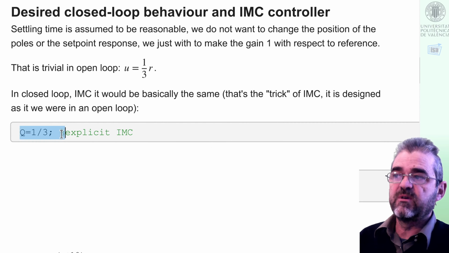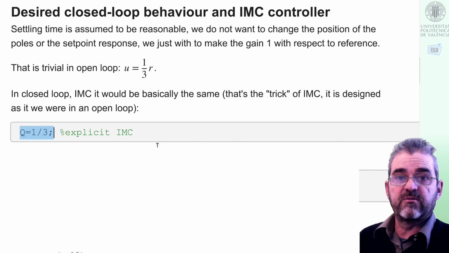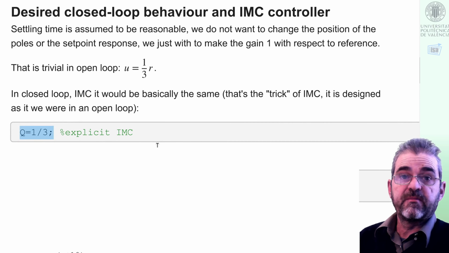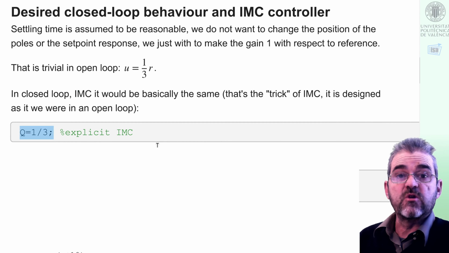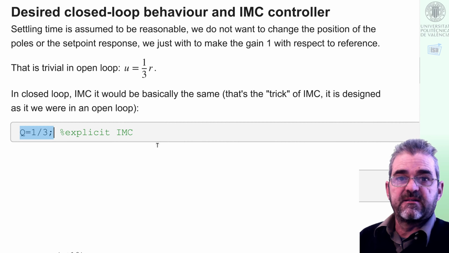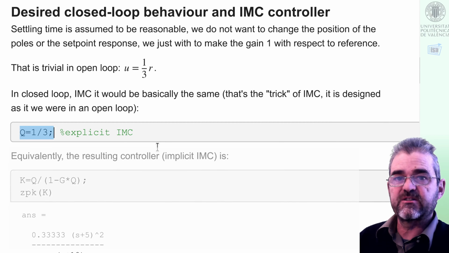This means that the Q parameter, if I were to implement an explicit IMC, would be 1/3, and with this parameter, the closed loop poles would be exactly at the same place as the open loop ones, so we would have finished our exercise if we were in a pen and paper examination. But okay, as we have Matlab, let us analyze the setpoint and disturbance response of this IMC controller. Let's go.